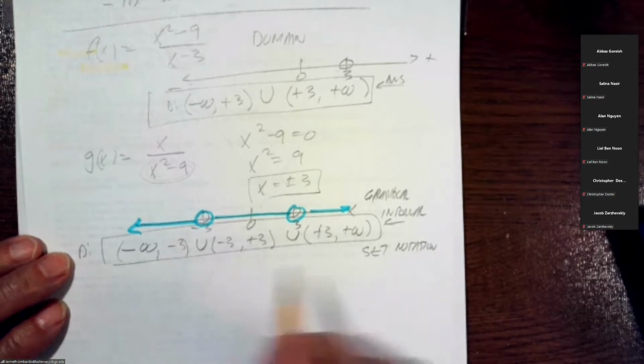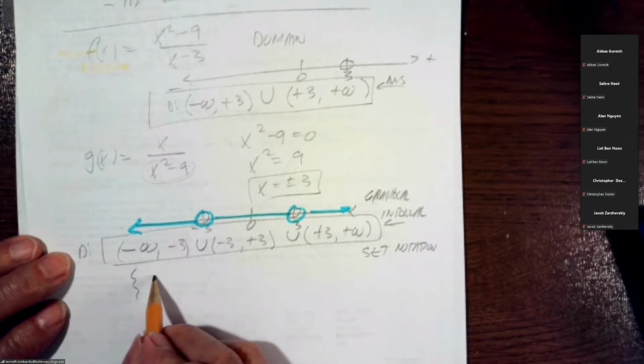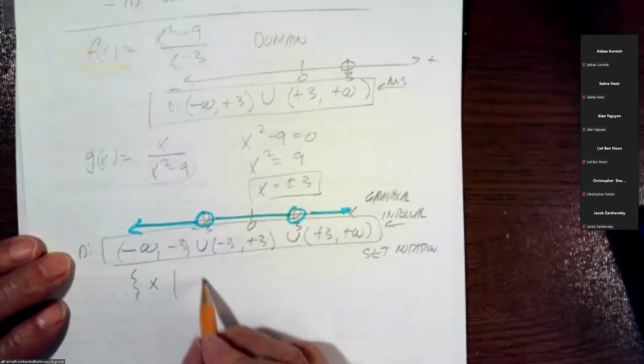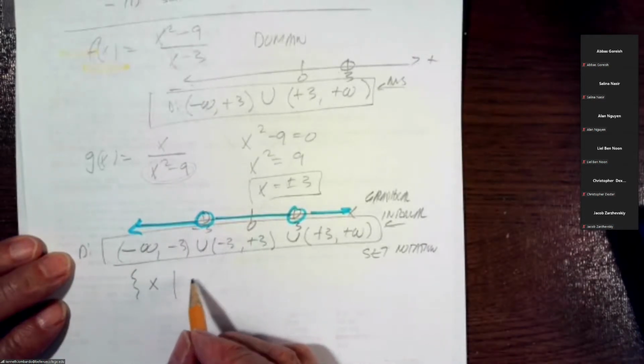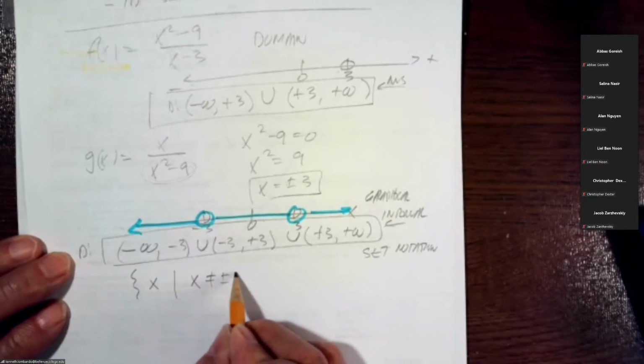Remember what that looked like? We said it's a set, and we listed our set. We said x can be any value such that, and we could word it a couple ways. One could be x cannot be plus or minus 3.